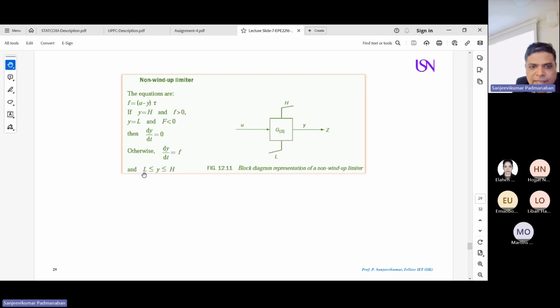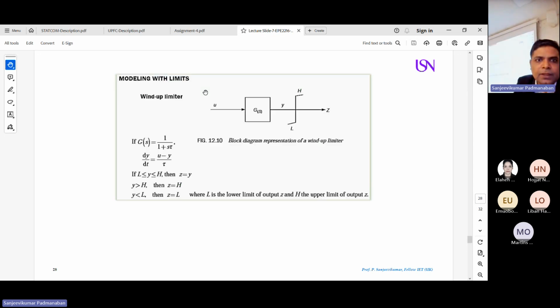Then I can fix L less than or equal to y less than or equal to H. So this is the limit we use for non-wind-up limiters, when you do not require any anti-wind-up action in your limiters. Usually we don't prefer this one. For effective integration, we always use wind-up limiters. Is it clear to you?